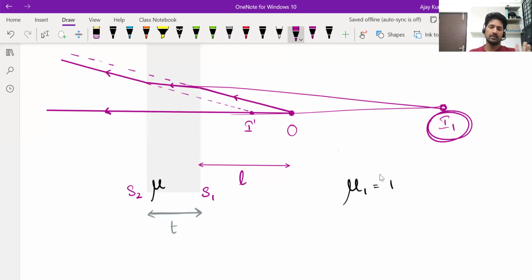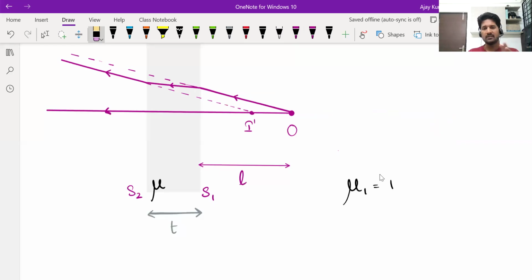Okay, and this idea is very important, not just in this problem. Generally, whenever there are multiple reflections or refractions or combinations happening, the image formed by the first reflection or refraction will be treated as the object for the second one, because that is where the light rays appear to be coming from.